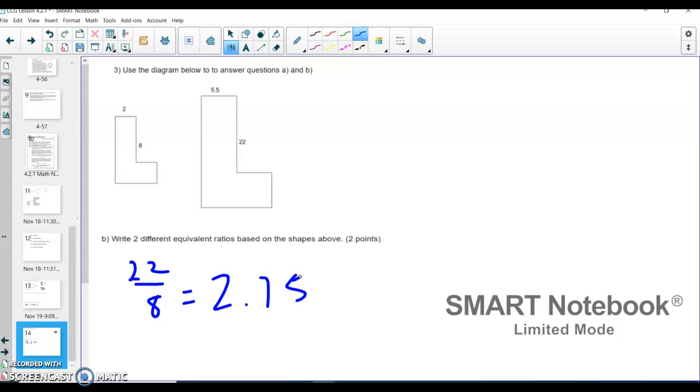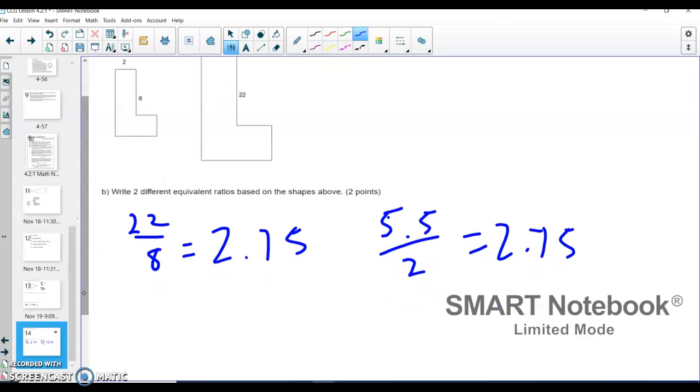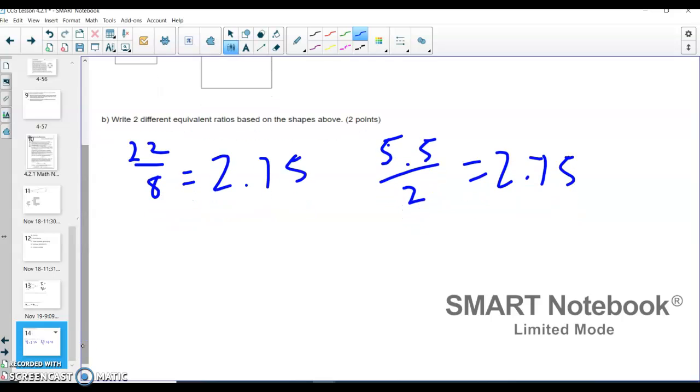And then they would say that 5.5 divided by 2. And let's check it to make sure. Yes, is 2.75. Well, that is an equivalent ratio in a way, but my equivalent ratios, when we discussed them in class, you would have to set these fractions equal to each other. And so you would have 22 over 8 equals 5.5 over 2.